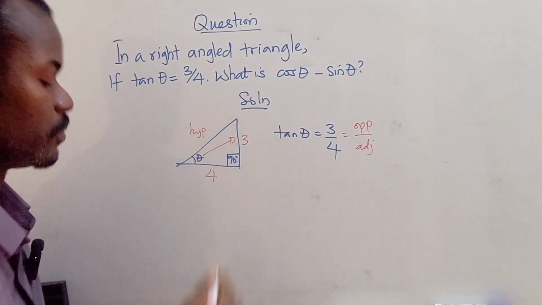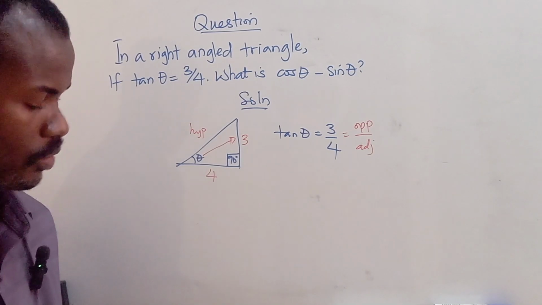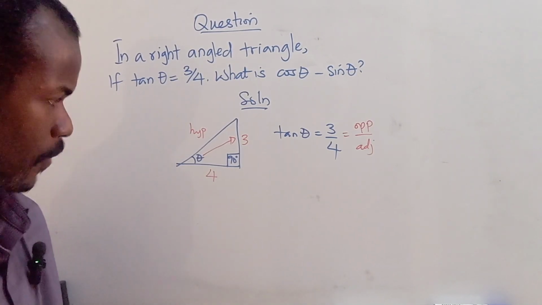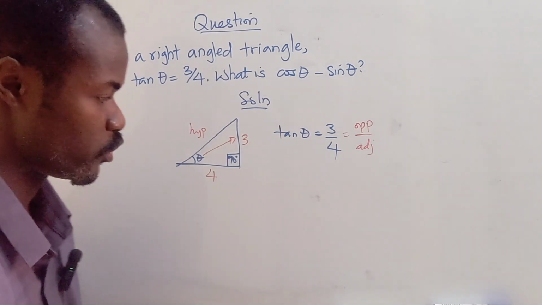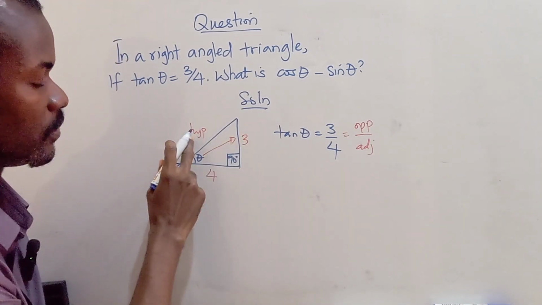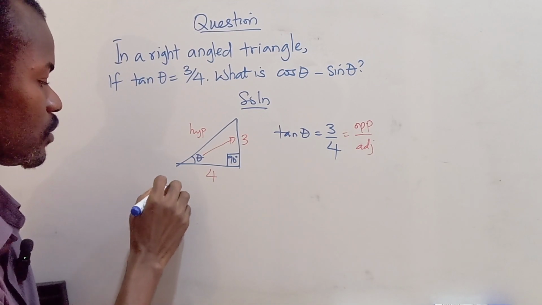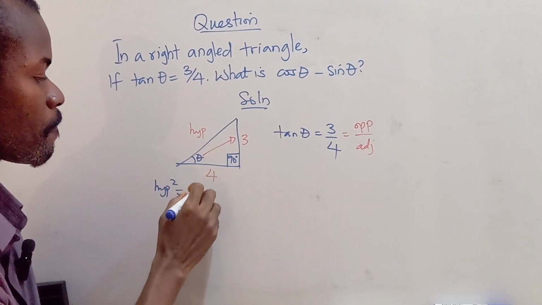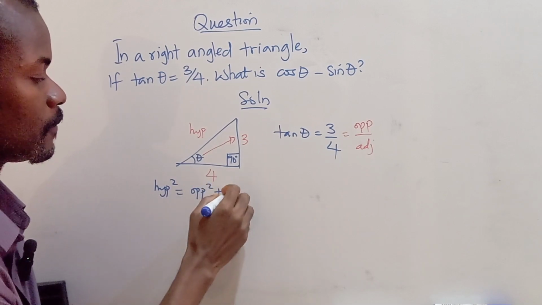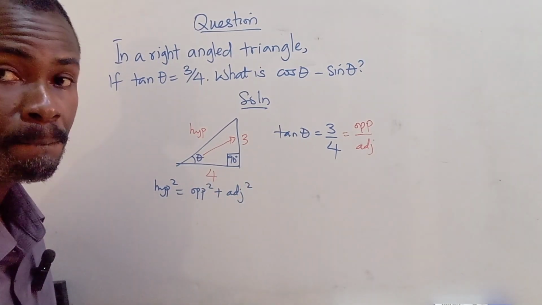The hypotenuse. So what we are simply going to do is use the Pythagoras theorem to find the hypotenuse. Remember, hypotenuse square is equal to opposite square plus adjacent square.